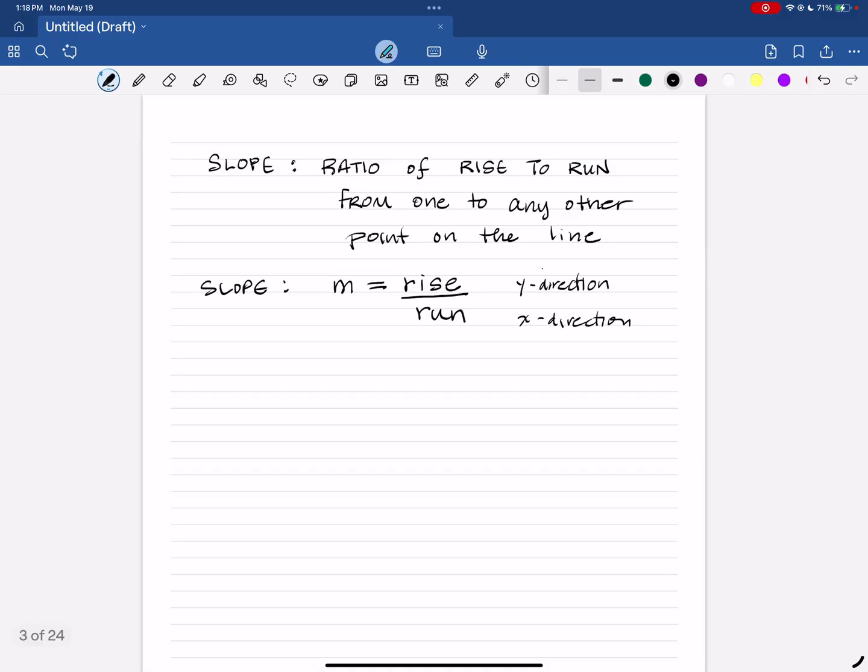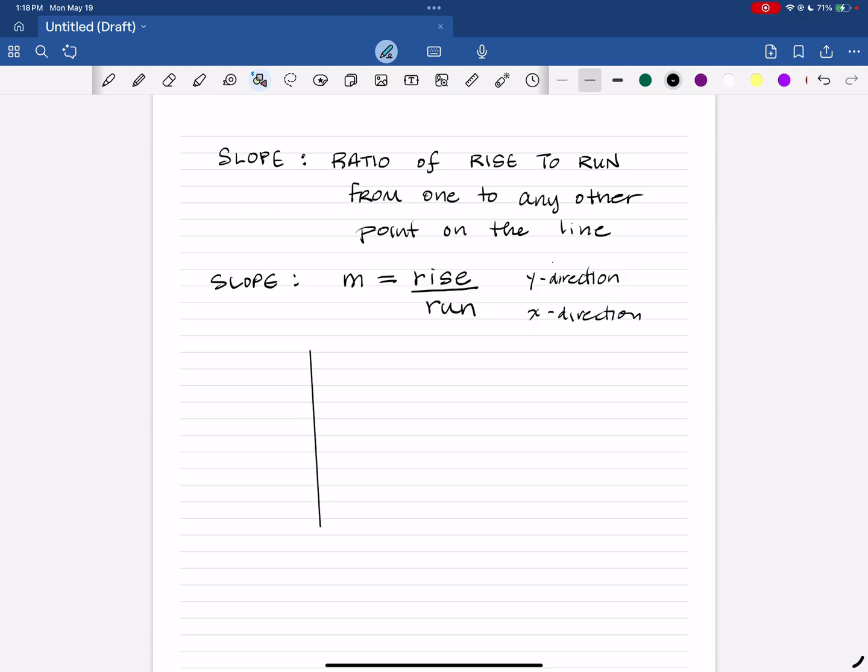So, for example, let me sketch a line here. I'm going to pick a couple of points. Let's say I have a point at 1, 1. So that's 1 on the x and 1 on the y, and a point at 5, 5. So over 5, up 5.